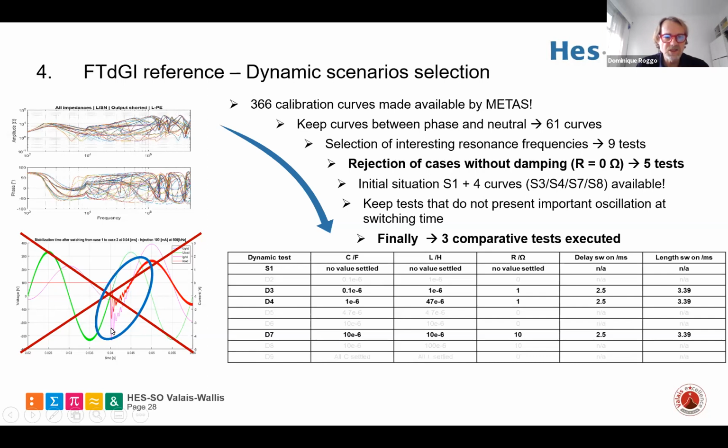When you change the device configuration, you might have large oscillations. So we cannot compare different devices so well when the impedance that is measured does not show a stable behavior in the condition we are testing. We also had to make a selection for different criteria. So we finally kept three scenarios that we compared with the different devices.